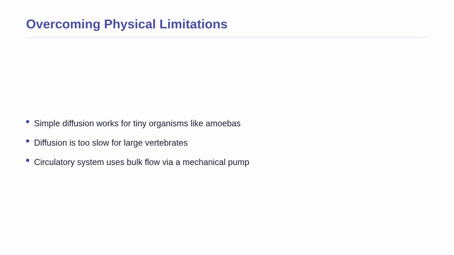If a large vertebrate, like a shark or a human being, relied only on diffusion, it would take years for oxygen to reach the brain from the skin. The animal would die instantly. The circulatory system solves this physical limitation by using bulk flow, moving large volumes of fluid rapidly using a mechanical pump.